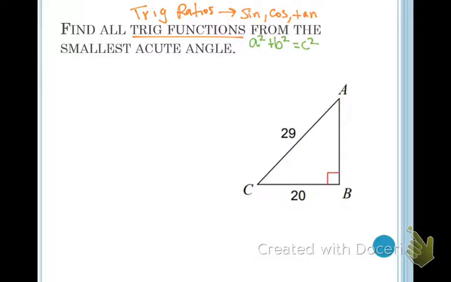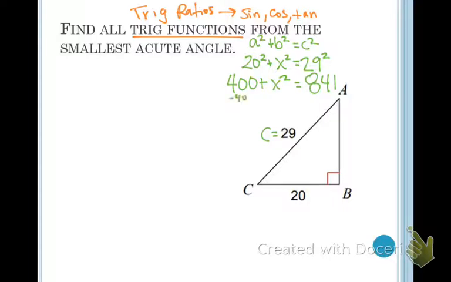So which one of these is c? 29. All right, so we would say a is 20, b is x, and c is 29. 20 squared is 400. 29 squared is 841.